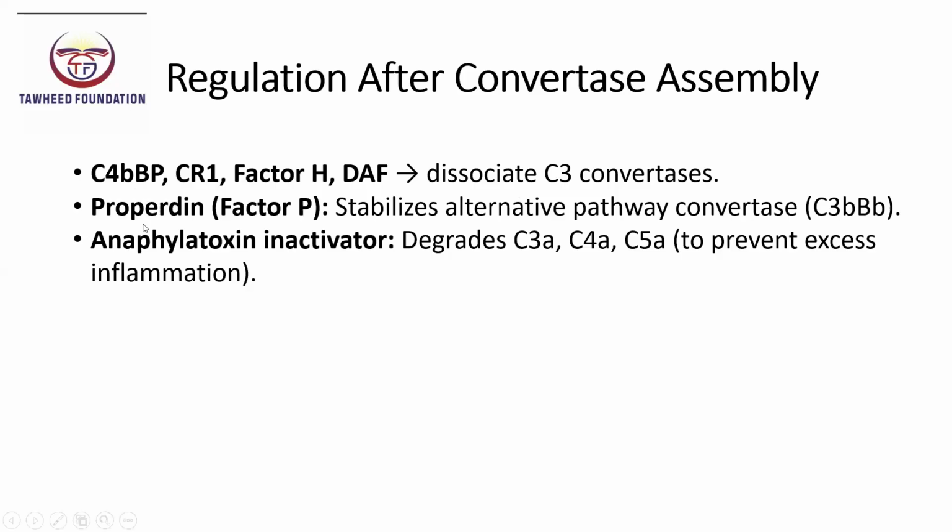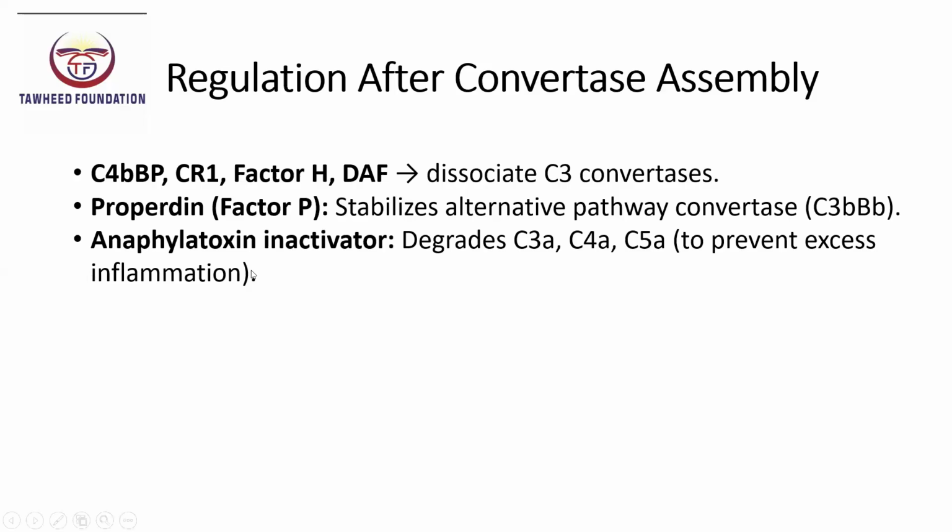In contrast, properdin, factor P, serves the opposite role. It stabilizes the C3 convertase of the alternative pathway, that is C3bBb, prolonging its activity on microbial surfaces while ensuring it does not persist on host cells.